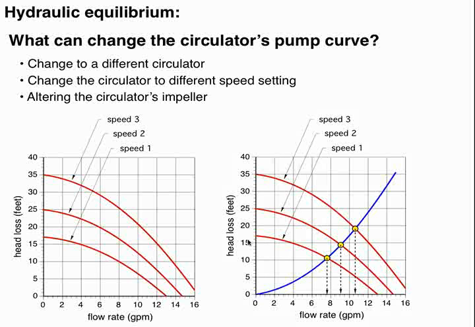Each speed has its associated pump curve. And if you plot the circuit head loss curve against those 3 pump curves, you can see the flow rate that you would get if you were to operate that circulator at each of these 3 different speeds. Again, it's always where the circuit head loss curve crosses that pump curve.